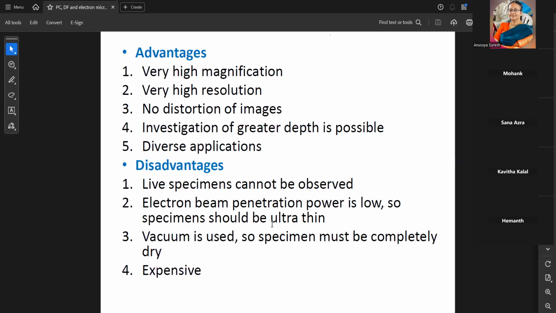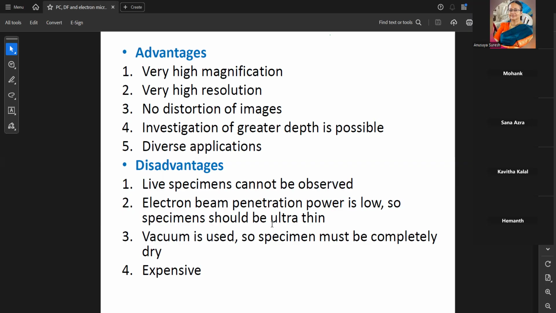And obviously, this method is very expensive because, as we saw, the instrument itself is so big and complicated. To build that instrument takes so much time, effort and money. So the instrument is expensive. Then everybody can't use that microscope, isn't it? Now, the light microscope which we are using in the laboratory, you can easily teach somebody to use it and they can very easily learn how to use that.